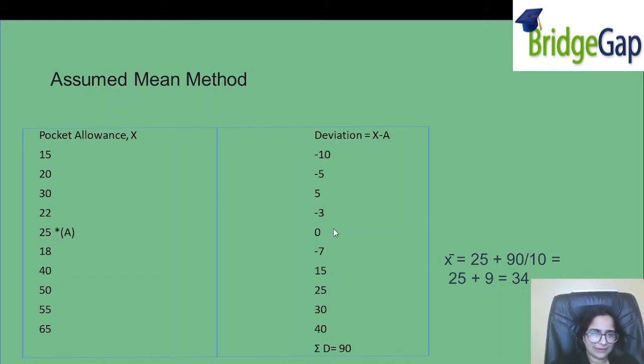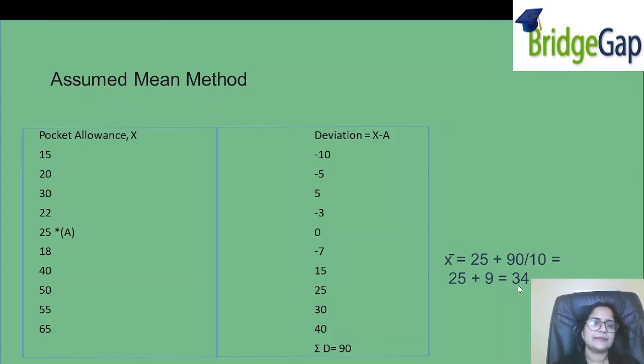We deduct it and then take the sum of d, because in the formula we have to take sigma d. So the formula: x bar, that is our arithmetic mean, equals the assumed mean, that is 25 over here, plus 90, that is sigma d, upon 10, the number of items in that series. So the answer over here is 34.